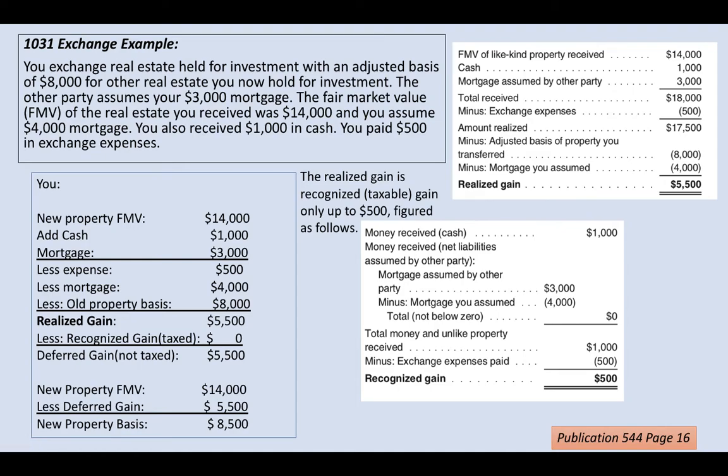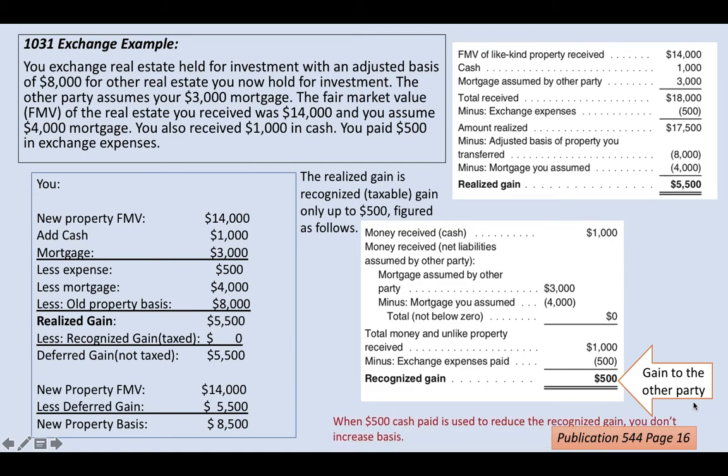I just don't buy this. Anyway, that's on the IRS website. I would say this gain goes to the other party, not you. From my understanding, I would think your property basis increased to $8,500, because during this process you received boot of $4,000 and you gave out $4,500, so the $500 should increase your basis.